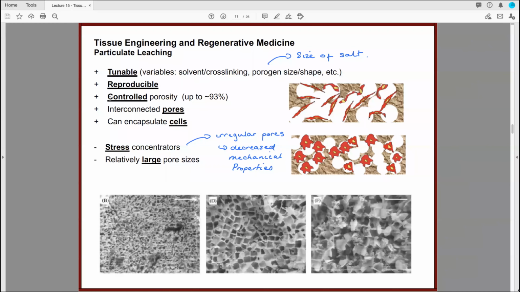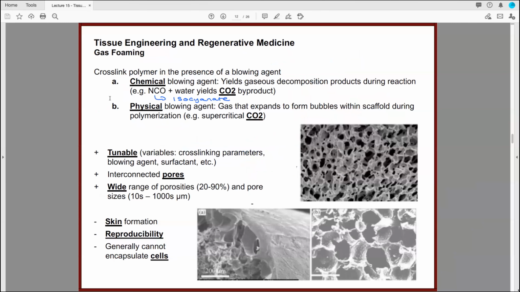So it can give rise to weaknesses in the mechanical properties of that scaffold. And the other thing is that if you don't tailor the salt properly, you can have really large pore sizes in there, which affects the flow of things in and out of those scaffolds. Sorry, hopefully you've got everything there.